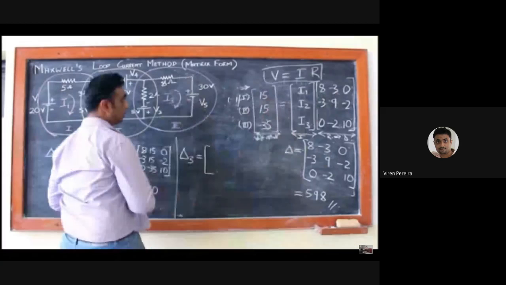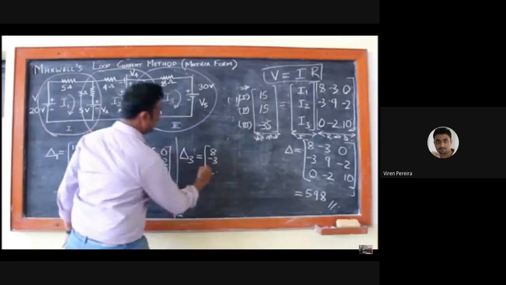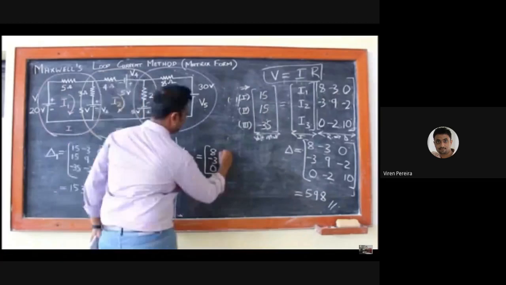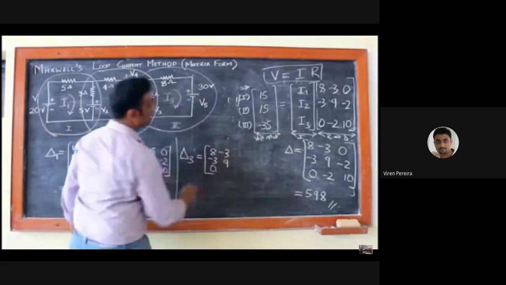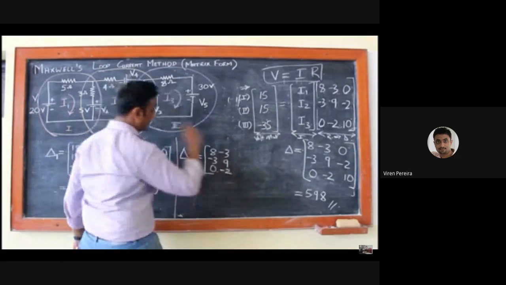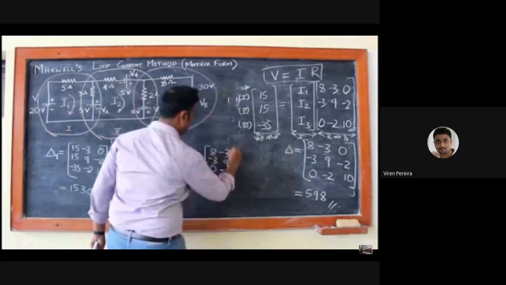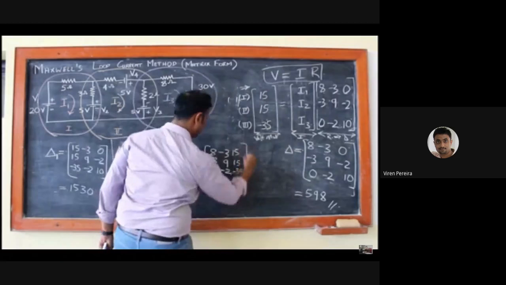So I have 8, minus 3, 0, minus 3, 9, minus 2, and the third column is replaced by 15, 15, minus 35.